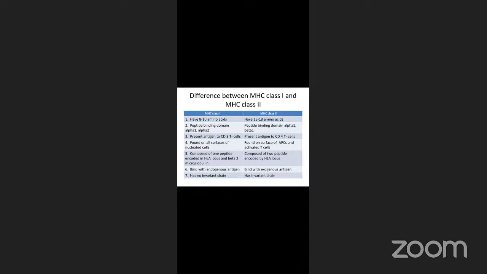For your reference, I have shown it on the screen. The major histocompatibility complexes are receptors present on the cell surfaces. Whenever our cell gets infected by parasites or pathogens, the cell shows the major histocompatibility complexes against the parasites or pathogens.